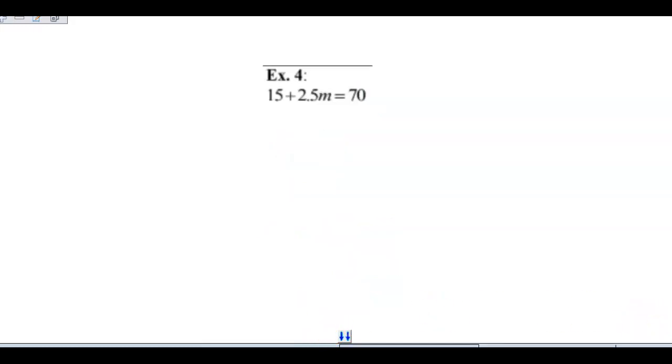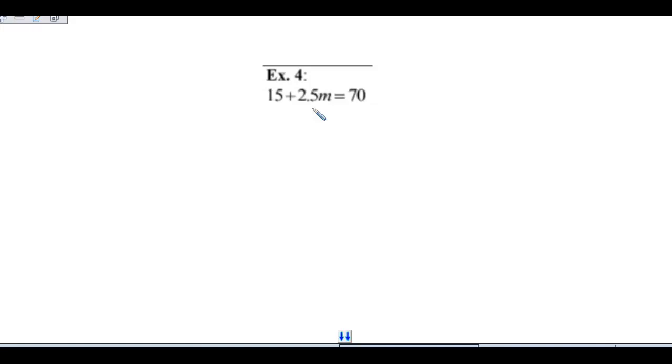This one has a decimal. Do you think we're going to do anything different with this than we did before? If your answer was no, you're correct. Okay, so I'm going to take a look. It's 15 plus 2.5m equals 70.